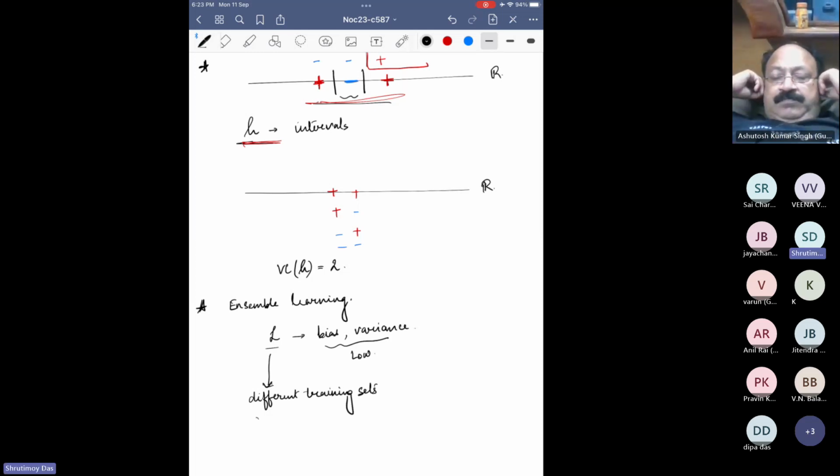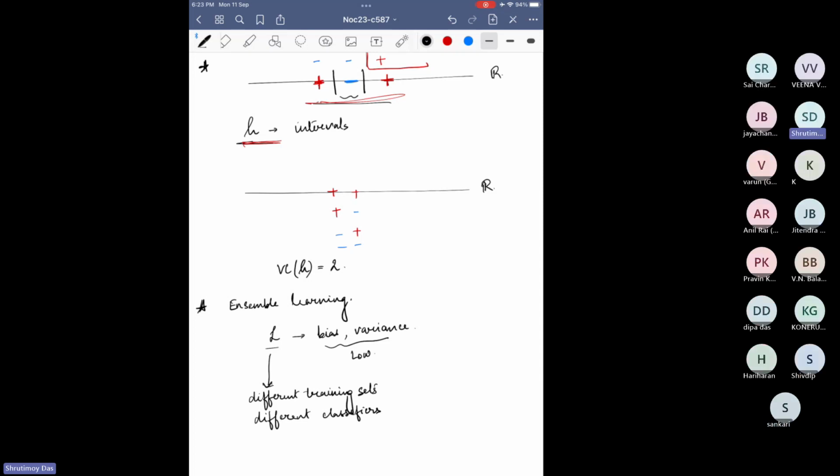It may use different algorithms or different classifiers, and so on. There can be a lot of ways, but our final aim is to reduce the bias and variance, so we use techniques such that both are low.